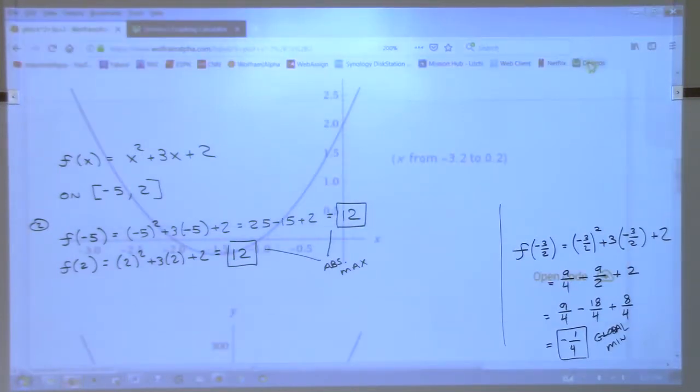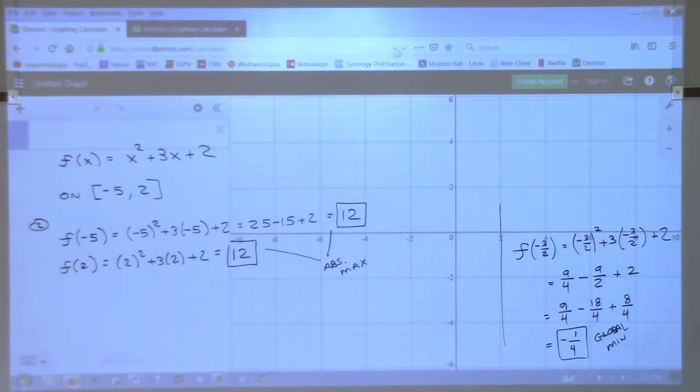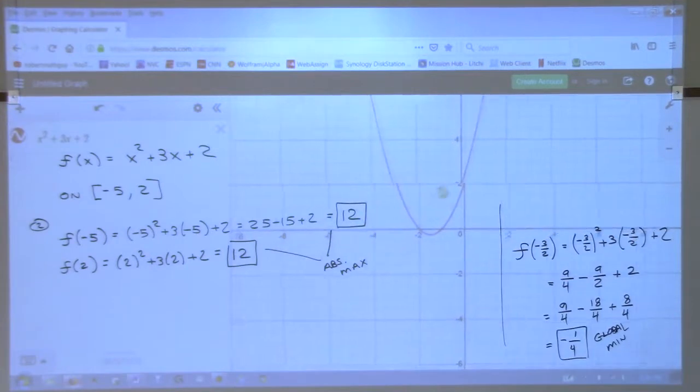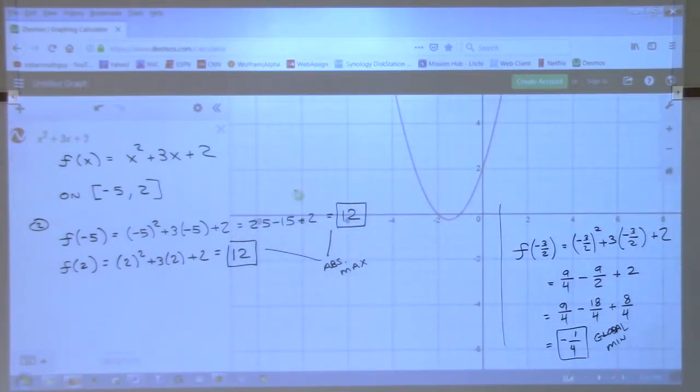Let's see if Desmos is back. Come on, you can't be. Oh, there it is. x squared plus 3x plus 2. There we go. So there's our graph, right? And let me see if I can remember how to do this. Where's our interval?